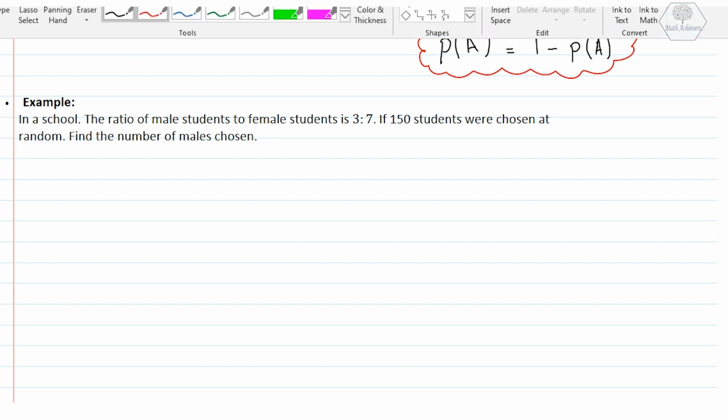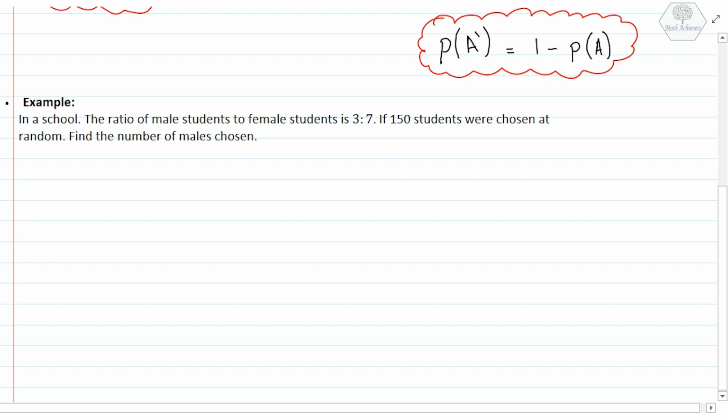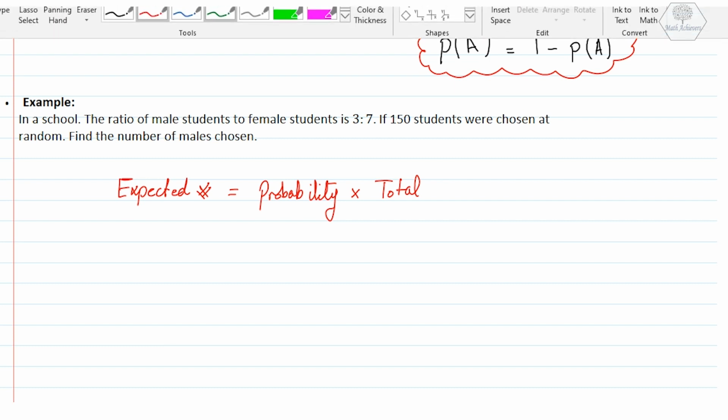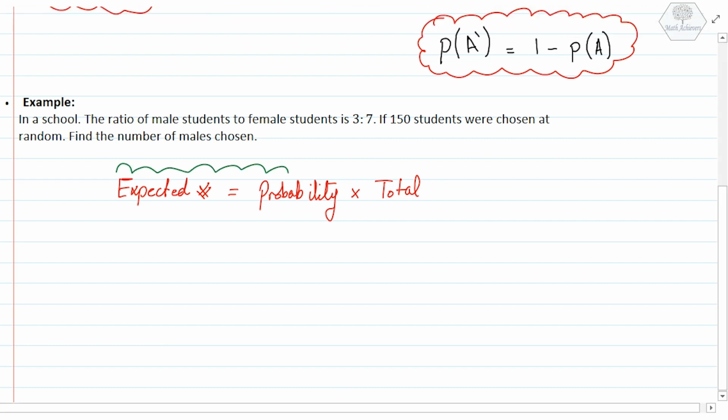We'll be learning a new rule now for the expected number. The expected number is always equal to the probability of that event times the total selected sample. We have to memorize this formula as well in order to be capable of solving such questions.